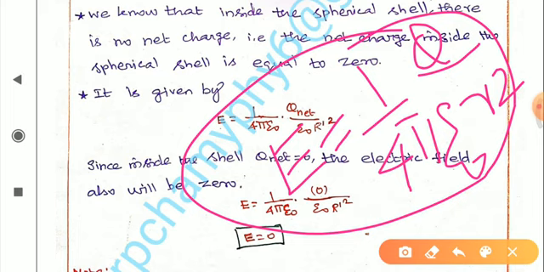But one thing we have to understand: inside the sphere there is no net charge present. If there is no net charge, no flux will be there. If no flux is there, then the electric field value is also equal to 0. Okay, so these are the important 3 cases in the applications of Gauss law.